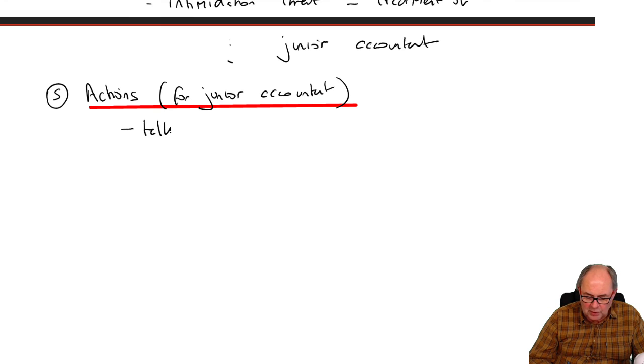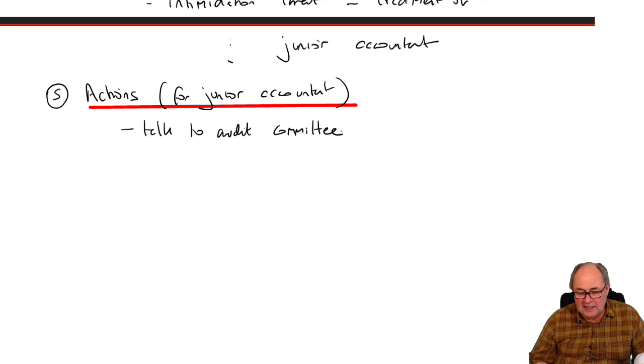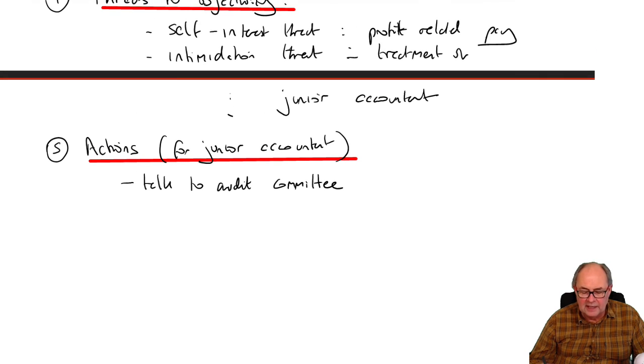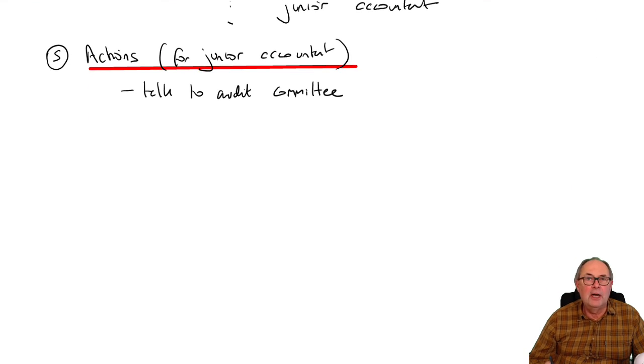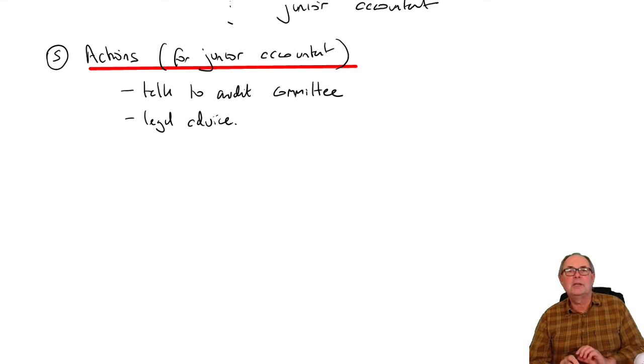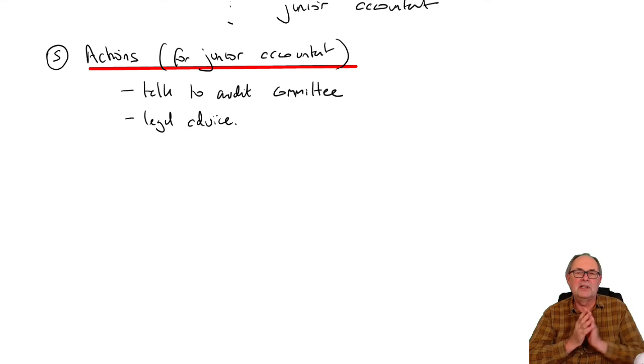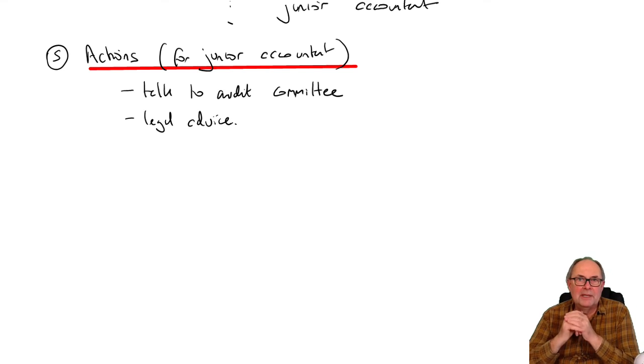Maybe they can talk to the audit committee. Or they could even do something similar, couldn't they? Like try and persuade the finance director the error of her ways or his ways. Otherwise, possibly legal advice. Maybe considering resignation. Don't write anything silly though, like calling the police.